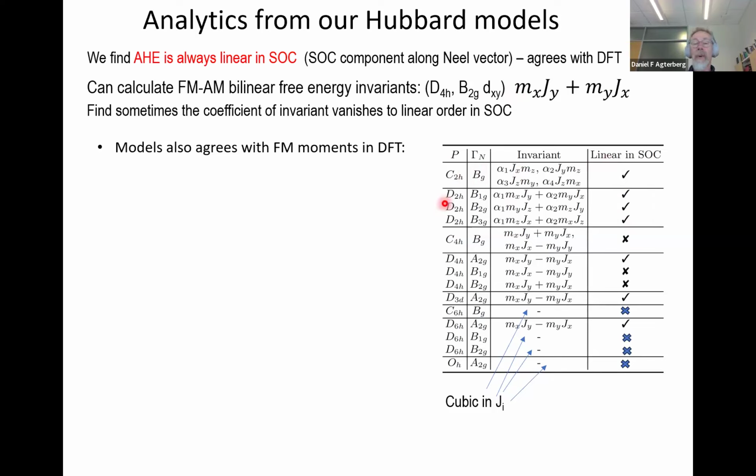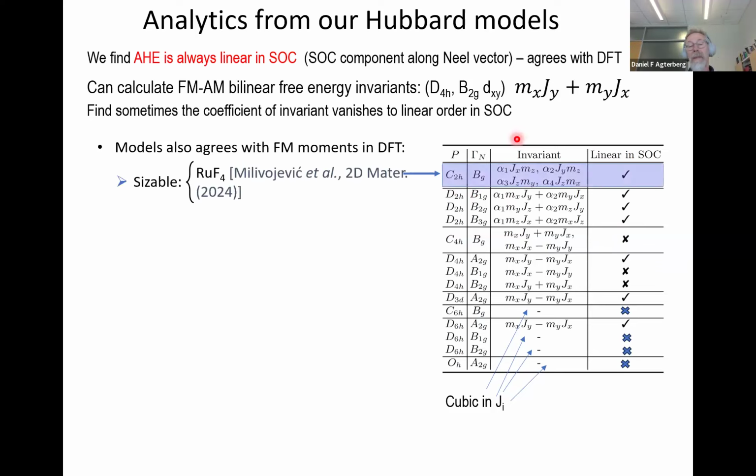So for this point group and this particular altermagnetic symmetry, here we have a linear in spin orbit term, but where there's an X, it vanishes. When it's linear in spin orbit, we get a magnetization that's linear, but when there's an X, we get a magnetization that's higher power in spin orbit and therefore small. So we can compare our model results to DFT, and we find we get good agreement with DFT.